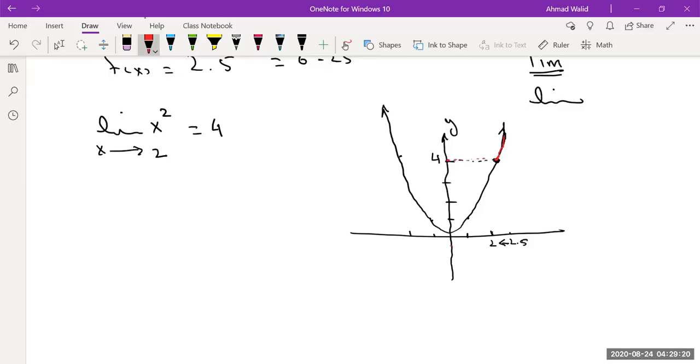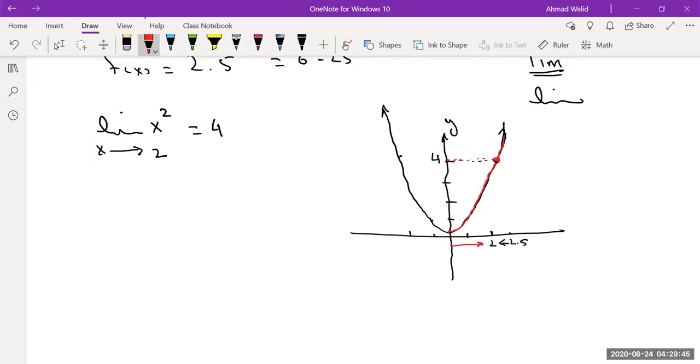Also, when you approach from the left, look, I'm moving my cursor with the red line, closer and closer and really close to 2. Again, read the height of this point. The height of this point is 4. Correct?